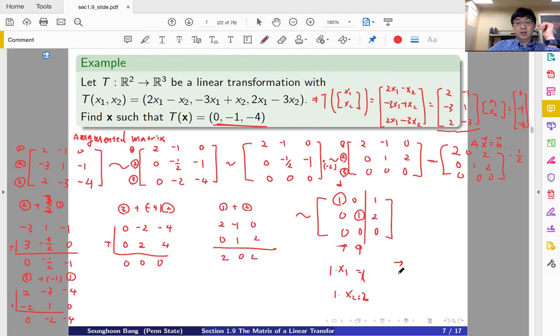The final answer is vector x, x1 and x2, is 1 and 2. So that's it. This is the final answer, right? This is the whole idea for solving this problem.